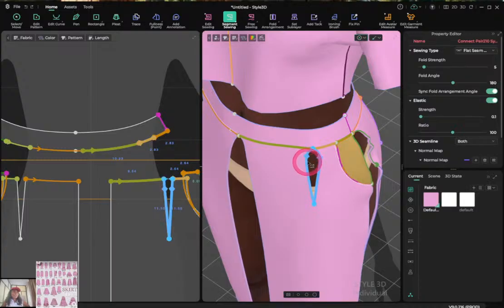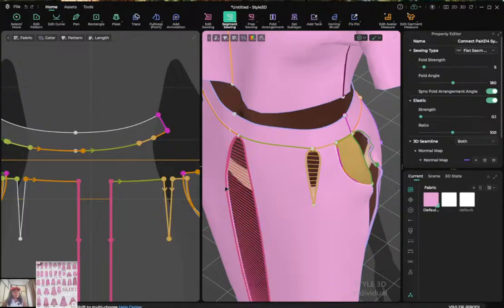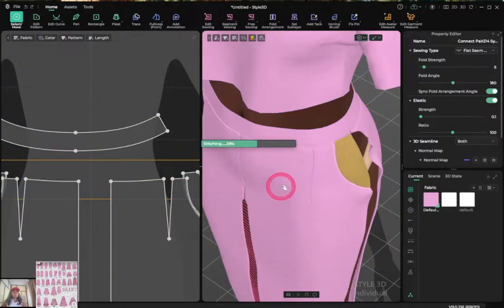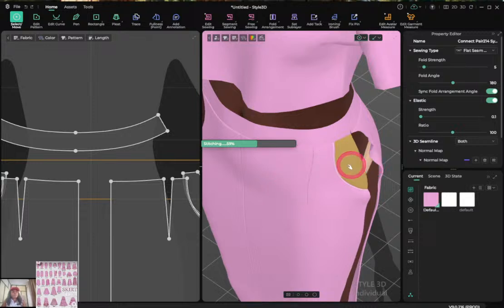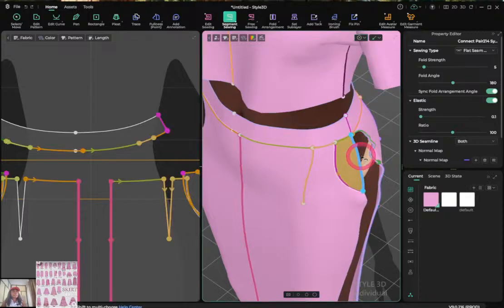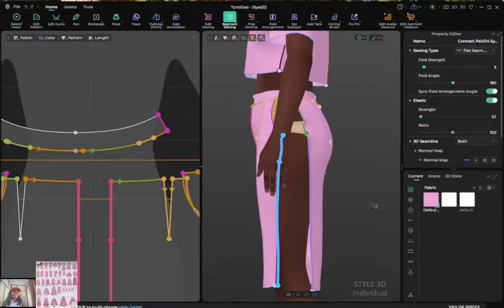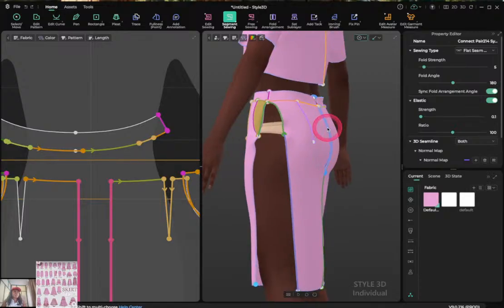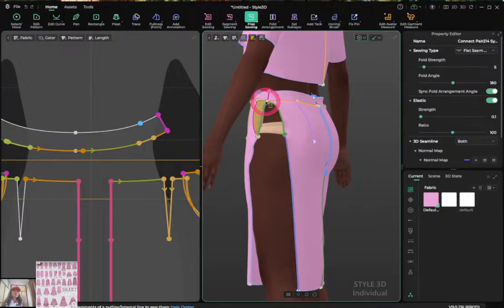The dots here, the sides, for some reason let's do free sewing.